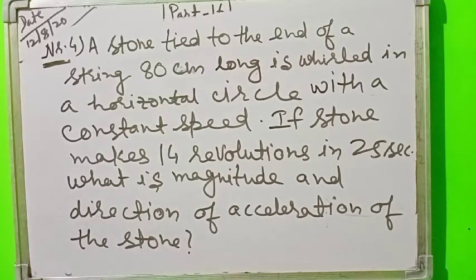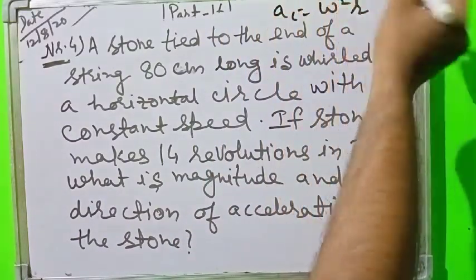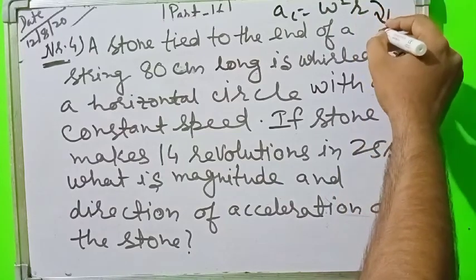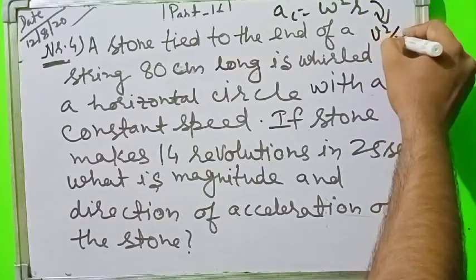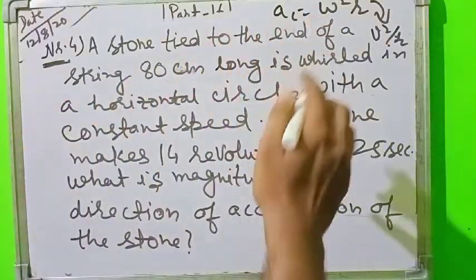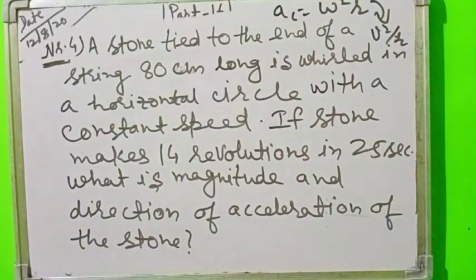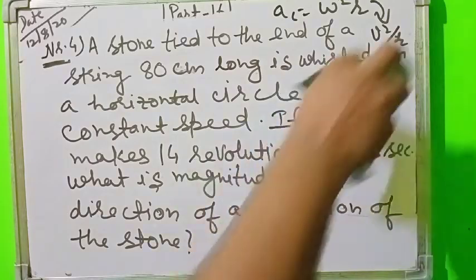We can calculate angular velocity omega, that is equal to 2 pi f, and from that omega square into R. We had derived the formula, centripetal acceleration is equal to omega square R, from v square upon R, because v is equal to omega R. Putting the value v equals omega R, we get v square upon R. So look here, students, at the solution of this question.